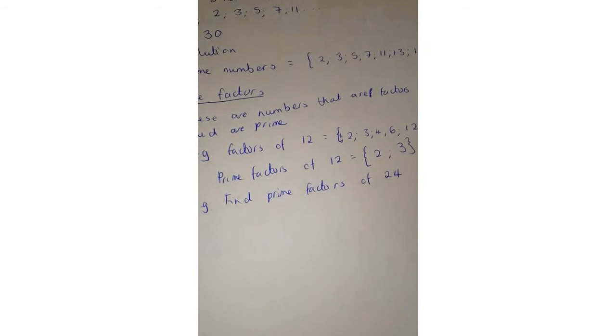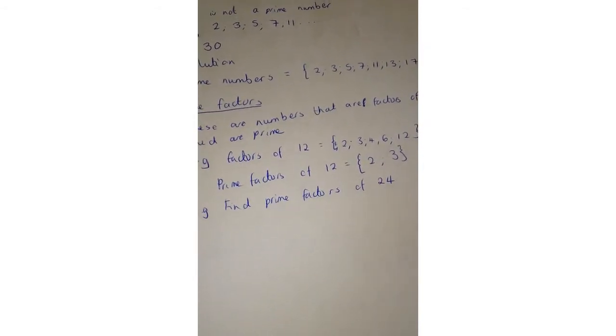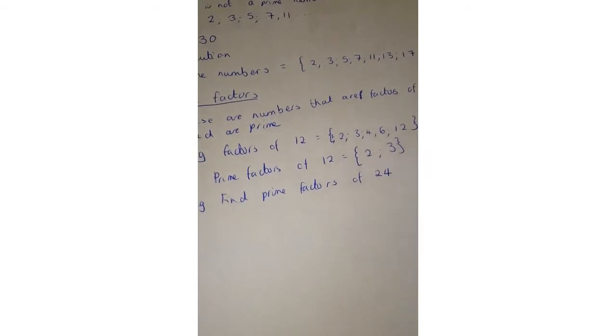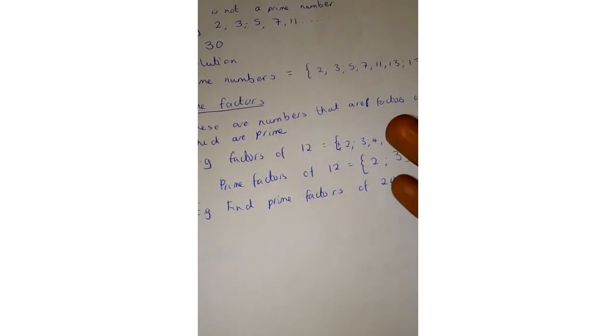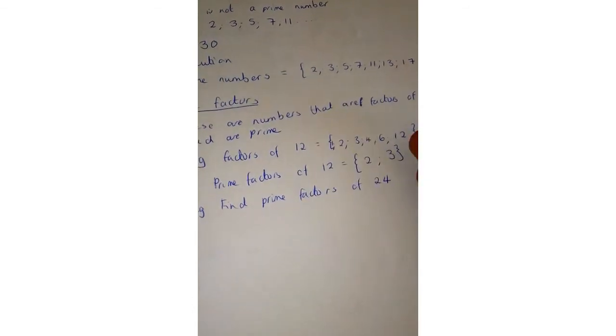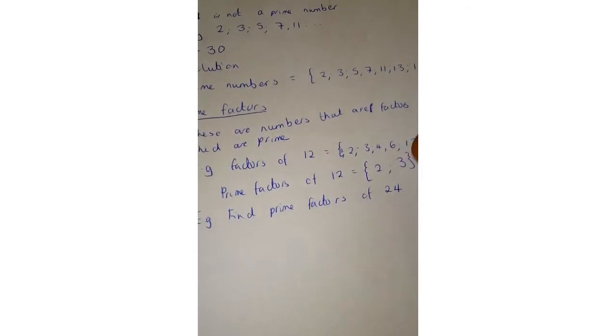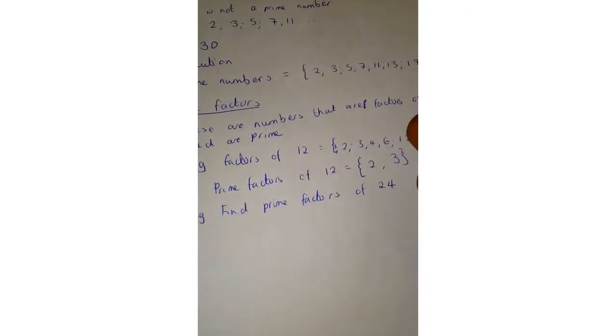We'll first start with the lowest prime number and find out if that number will divide into 24. And if it divides into 24, then we divide it into 24. And then we try again until it will not divide into 24.